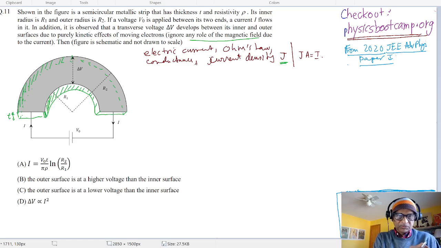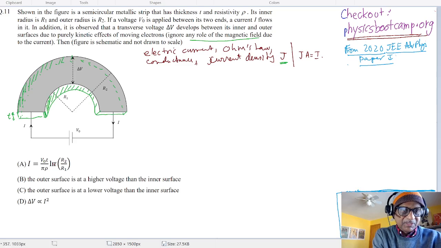It's just statics; the electric field will not be changing in time. Okay, so let's do this.